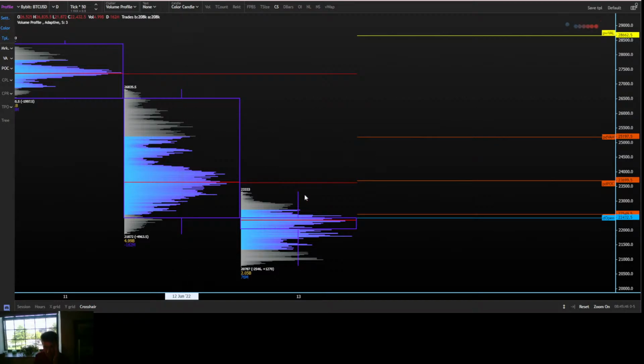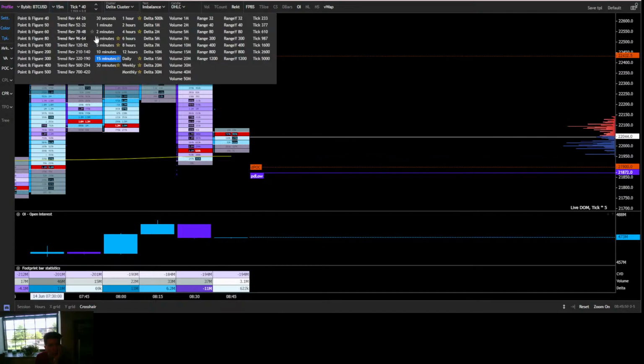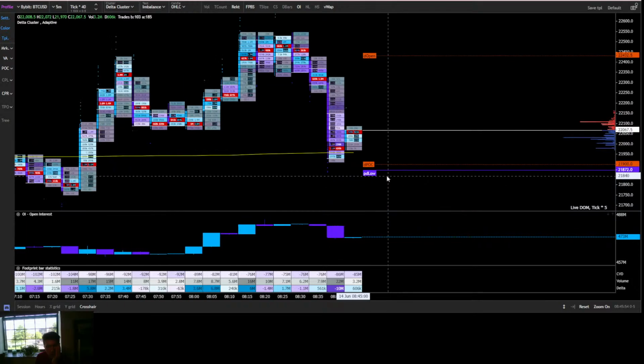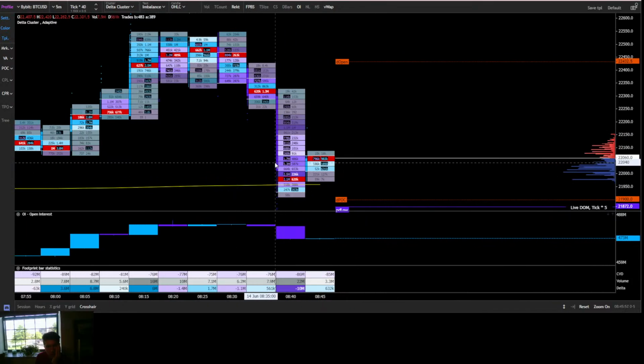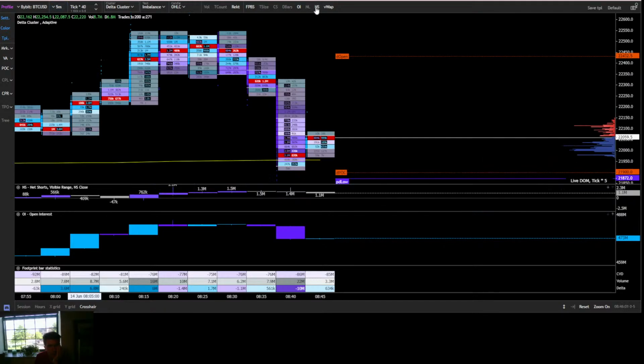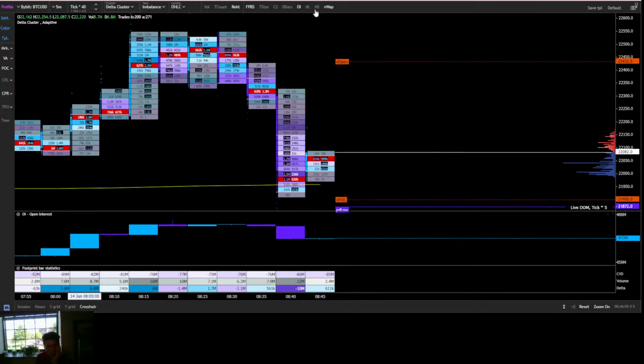I'll go back to order flow, just see what's going on here. I'll drop down to the 5-minute. So it looks like shorts taking profit.